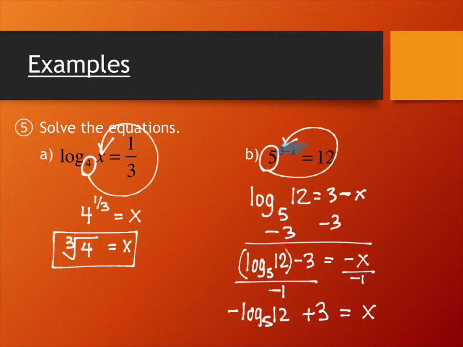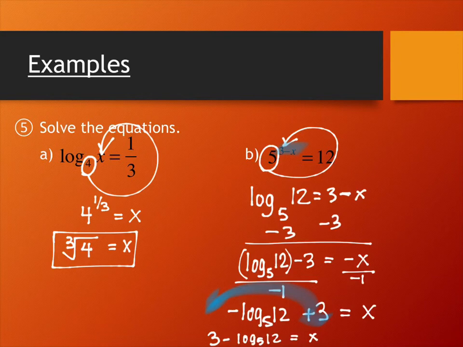Another possibility is you could put the 3 at the beginning if it helps you. Move this 3 to the front. So you could actually write it as 3 minus the log base 5 of 12 to separate them, if that's more comfortable looking. It's not right or wrong, it's just a different option. But what's not an option is combining the 3 and the 12.